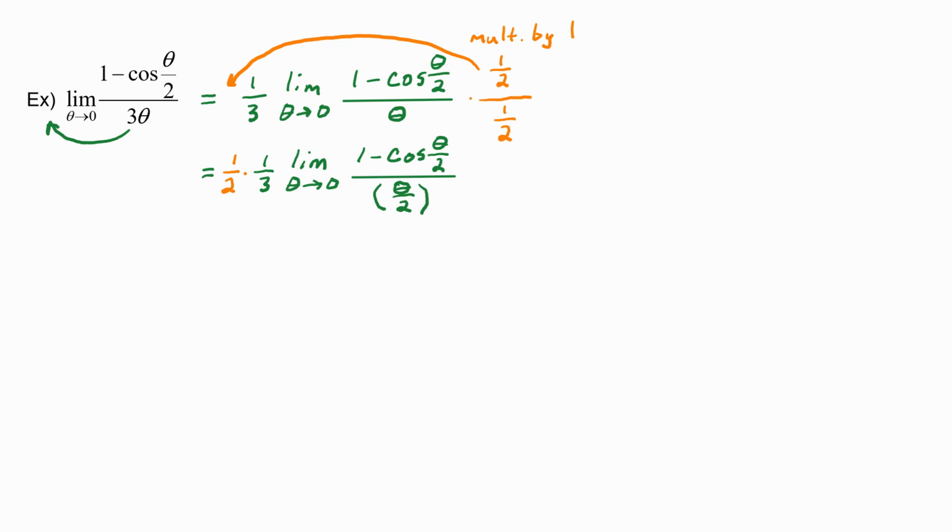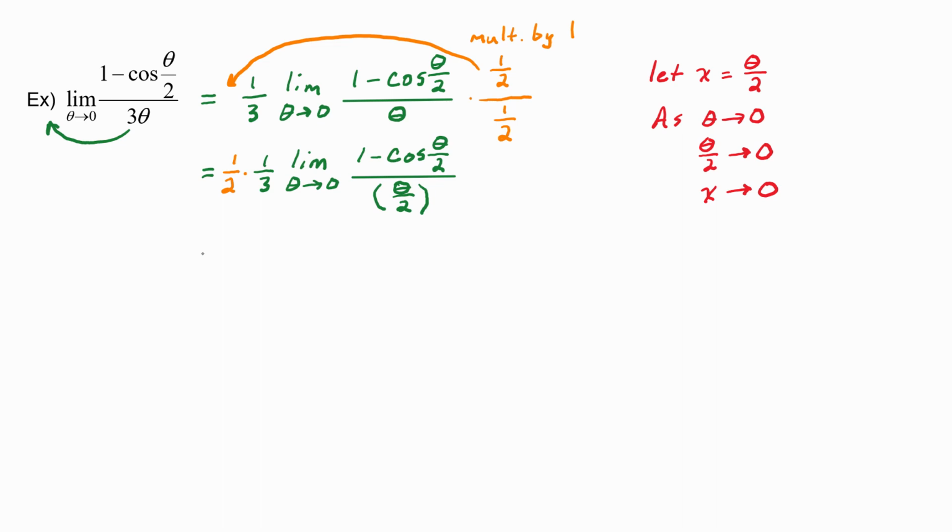So we can come off to the side and say let x equal theta over 2. As theta goes to 0, theta over 2 will also go to 0. And since x is just theta over 2, we can say, therefore, x would go to 0.